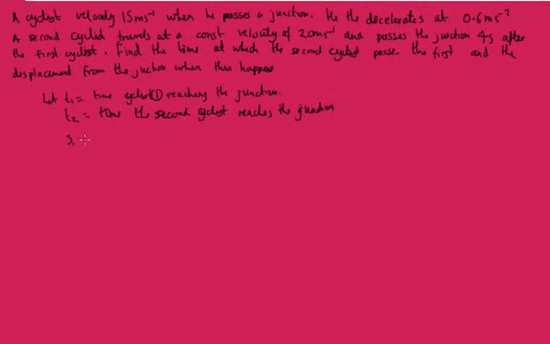Let S1 be the displacement of cyclist 1 from the junction, and S2 be the displacement of cyclist 2 from the junction.